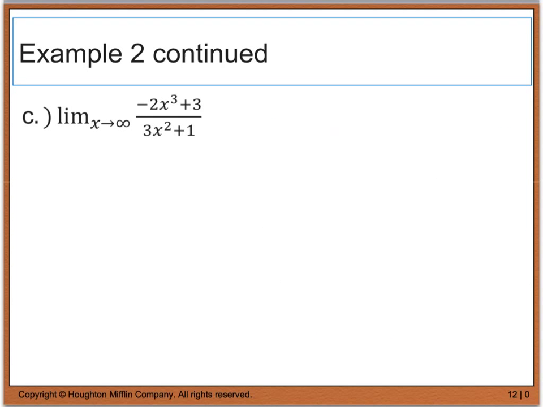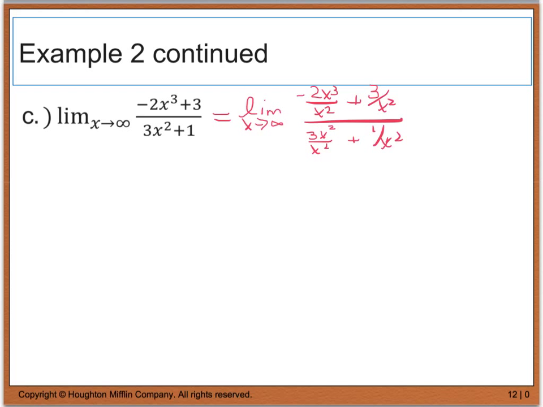And for our final part of example 2, we're going to use the same process. Here we have the limit as x approaches infinity. My highest degree of the denominator is also x squared again. So I have negative 2x cubed divided by x squared plus 3 divided by x squared, all divided by 3x squared divided by x squared plus 1 divided by x squared.